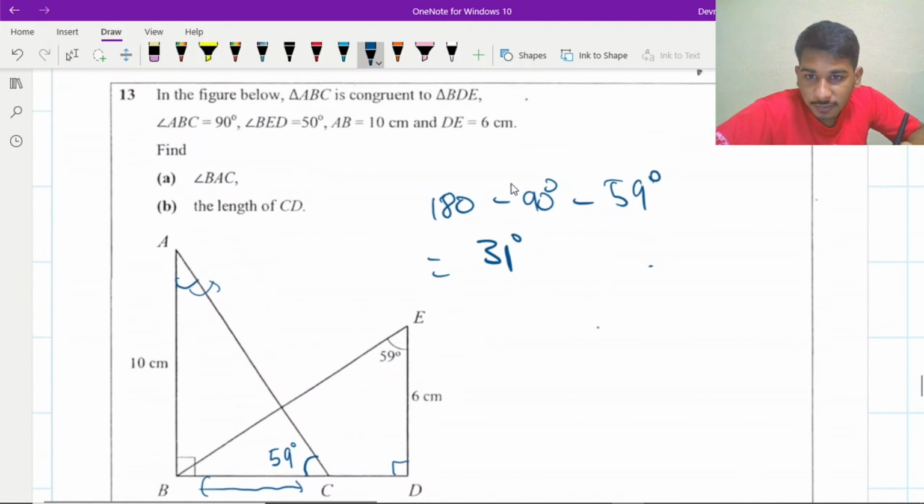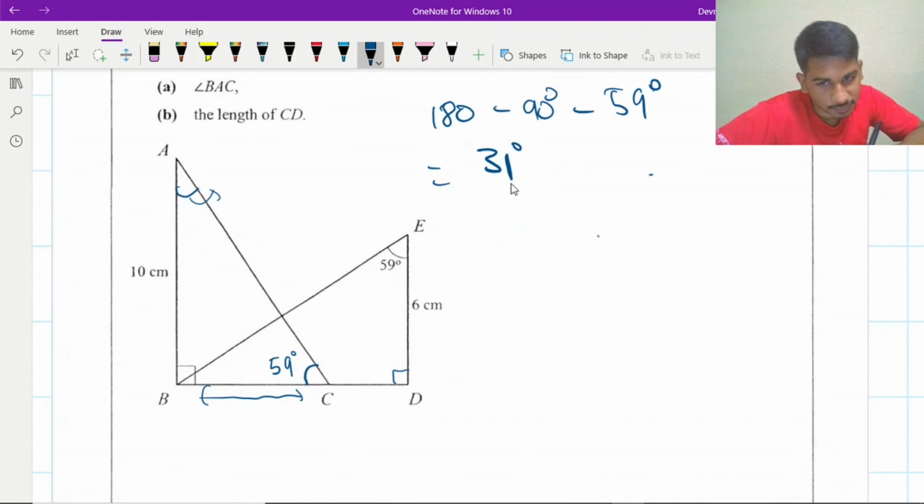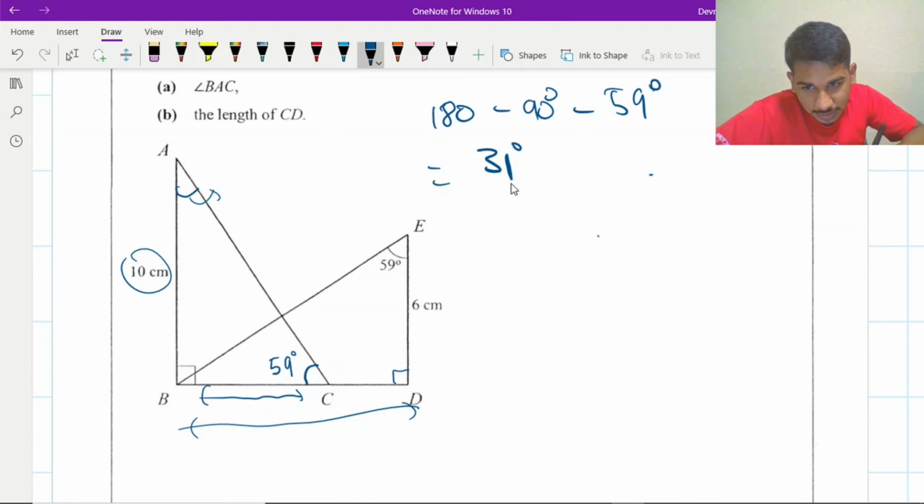All right, then find CD. To find the total length, we can find the total length already, and then we can find this length also using trigo. This thing BC, we can use a tangent, right? Because opposite over adjacent.